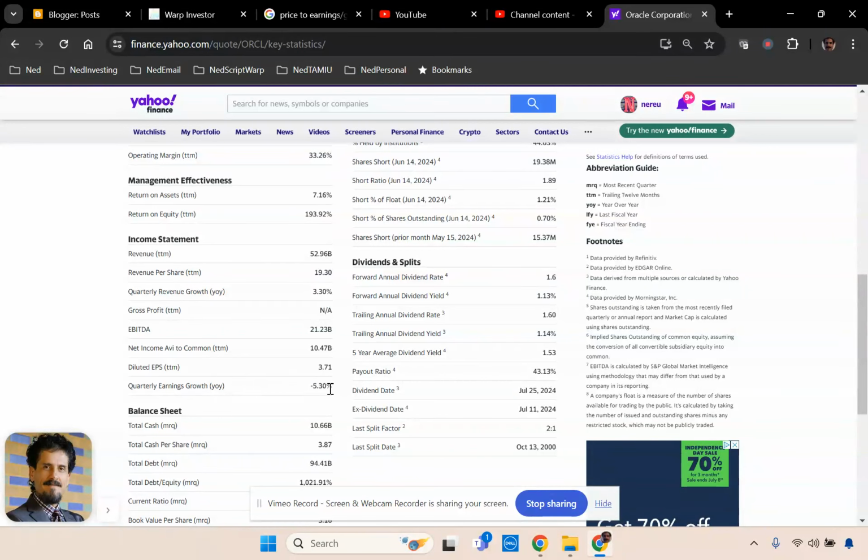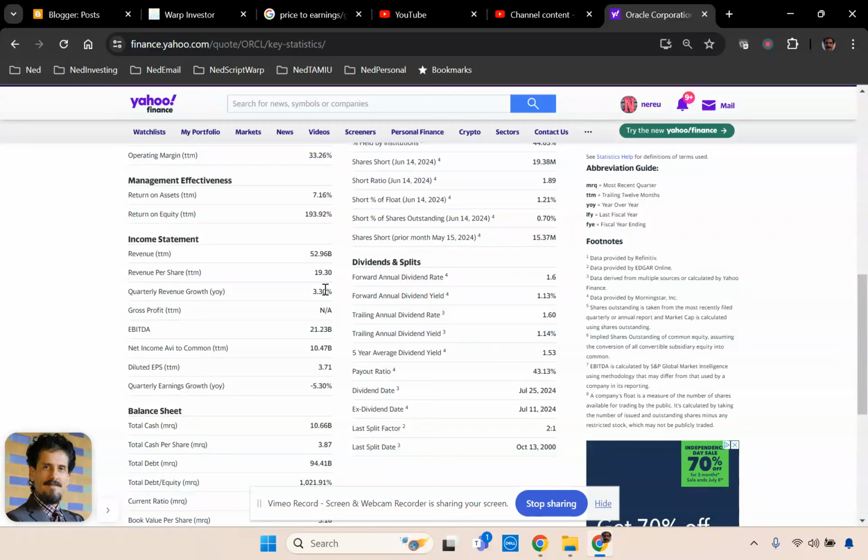So let's assume that this is negative because of increases in cost, investments, whatever, losses due to investments, whatever the case may be. Let's assume that the revenue growth is 3.3%.